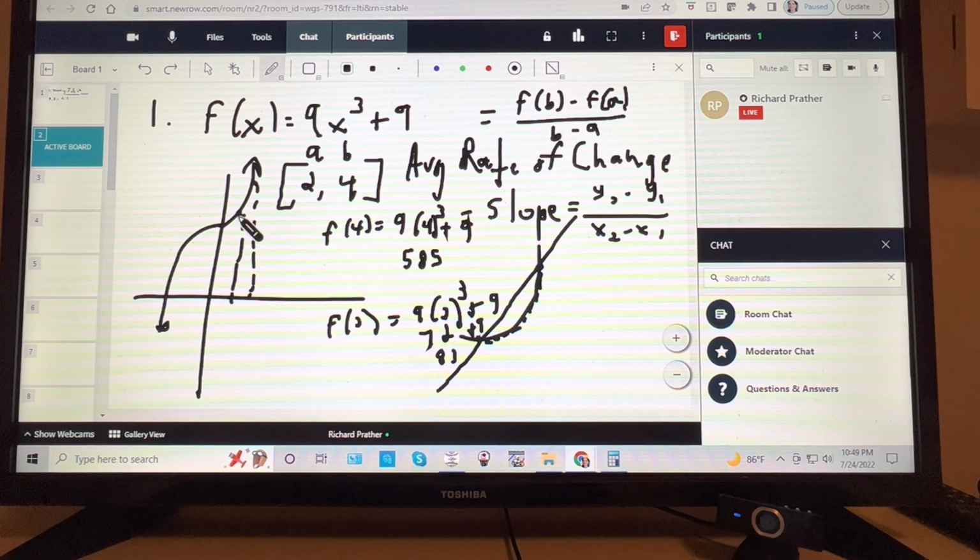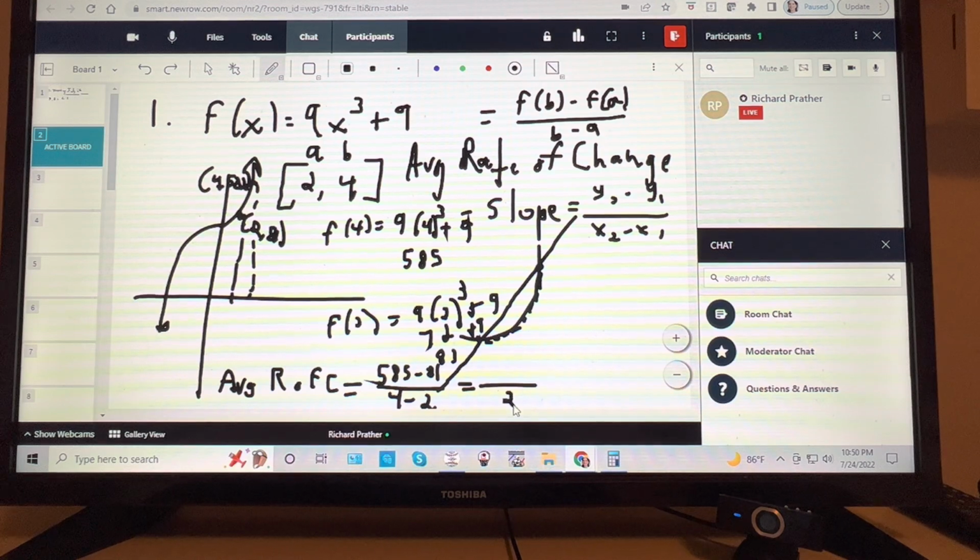So it's like in algebra having the coordinate 2, 81, and this spot up here, 4, 585, and trying to find the slope between those two coordinates. So the average rate of change for this first example is 585 minus 81 over 4 minus 2.